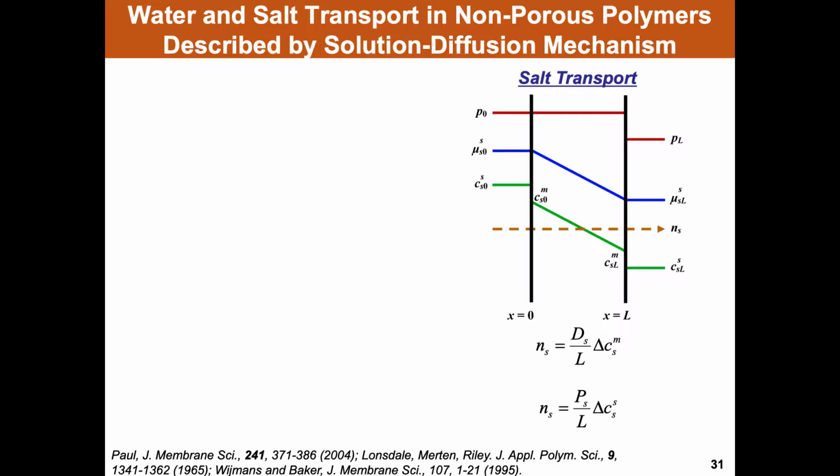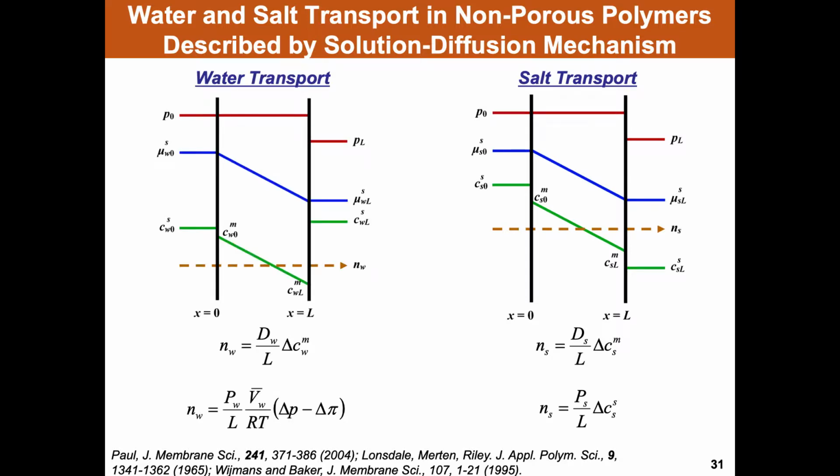There is a partitioning of salt between the external phase and the internal phase, or between the outside and the inside of the membrane. And one can use that partition coefficient to write the salt flux in terms of the external concentration of salt and the permeability coefficient. And this is typically the way it's described in the literature.